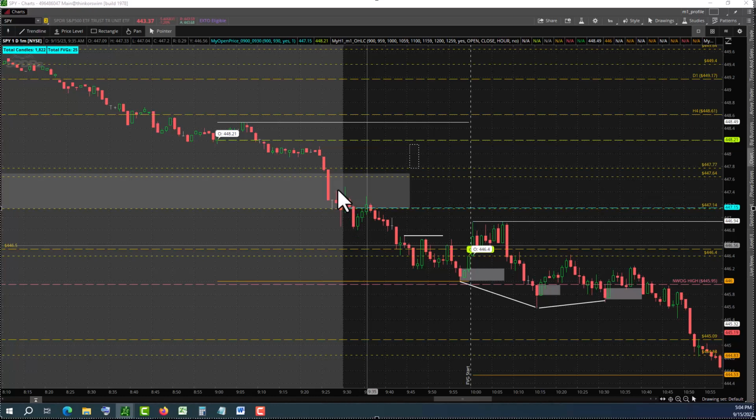Yes, we see the buy side liquidity was taken right there, and sell side liquidity was trapped right there, but right here it's not much. So we were kind of hesitant right there. It did not meet our requirement.